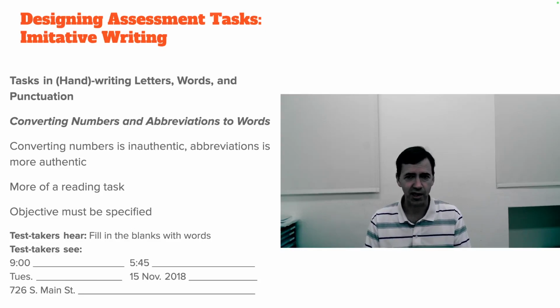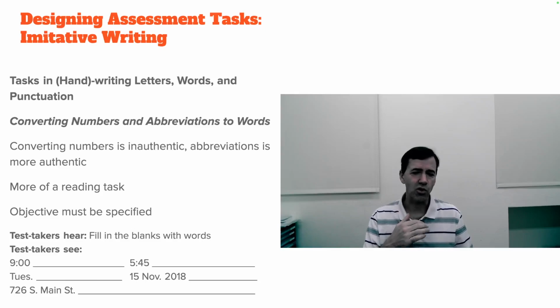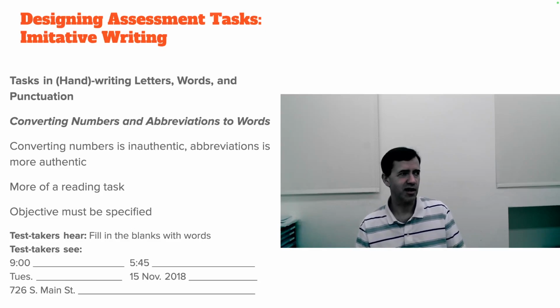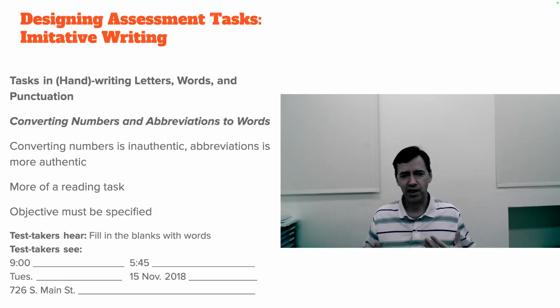Like when I write 9 o'clock, usually I don't write that out N-I-N-E-O apostrophe, right? We usually write it in number form. So this is more of a spelling type of task, in my opinion. If you want to test their ability to write the numbers, maybe you can just give them a spelling test. But anyways, you have to think about what you're asking them to do.